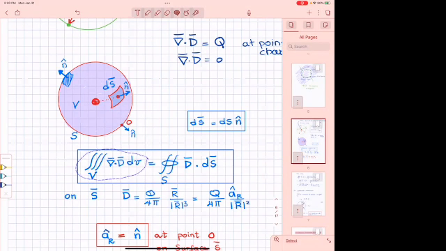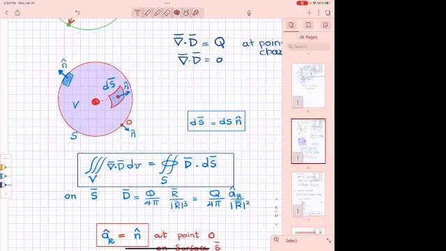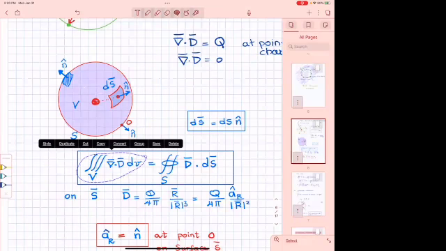Okay, so what the divergence theorem says is that the volume integral of this scalar del dot D is identical to the surface integral, on the surface that completely surrounds the volume, of the vector D dot the infinitesimal vector dS.